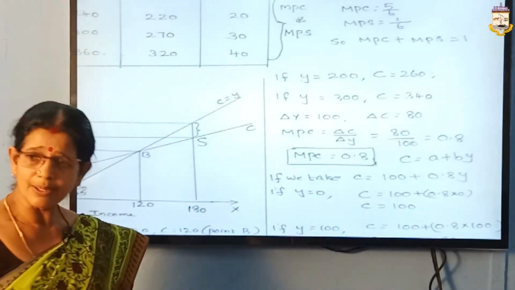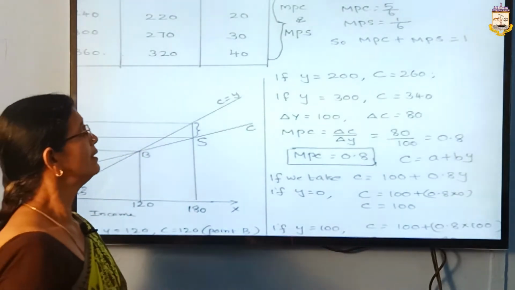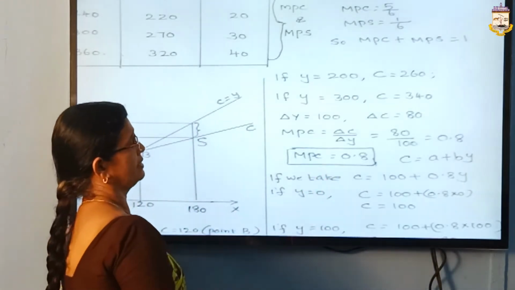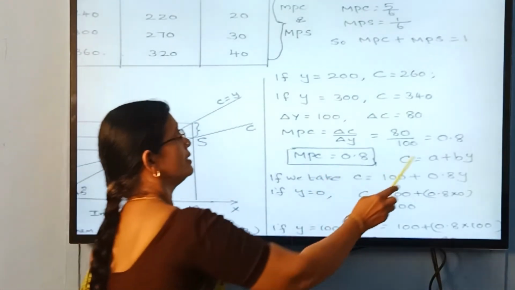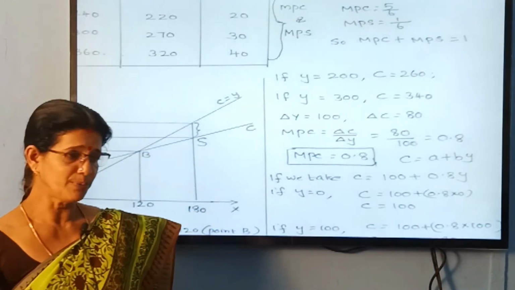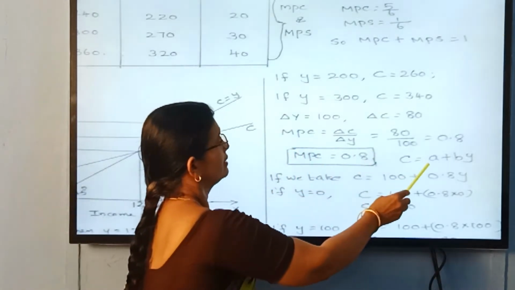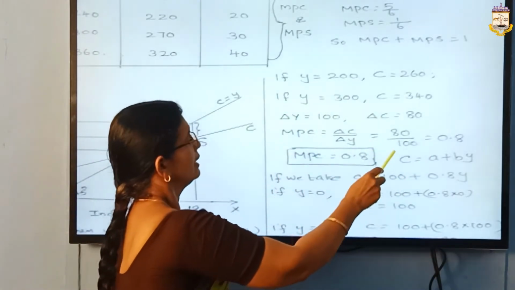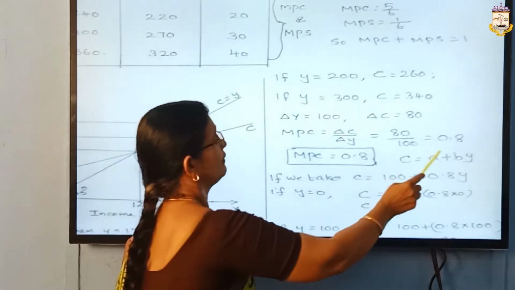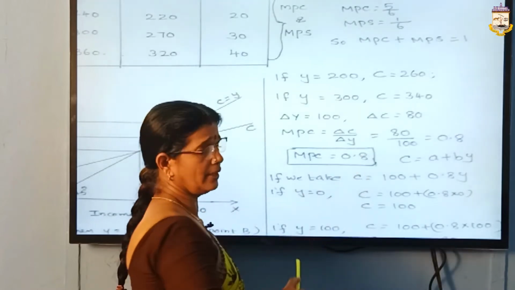B is nothing but MPC or இறுதிநிலை நுகர்வு நாட்டம், இறுதிநிலை நுகர்வு நாட்டம் நம்ம எக்ஸாம்பிளில் வந்து 0.8 என்று. So Y is nothing but disposable income அல்லது செலவிடக்கூடிய வருமானம் எனப்படுகிறது.